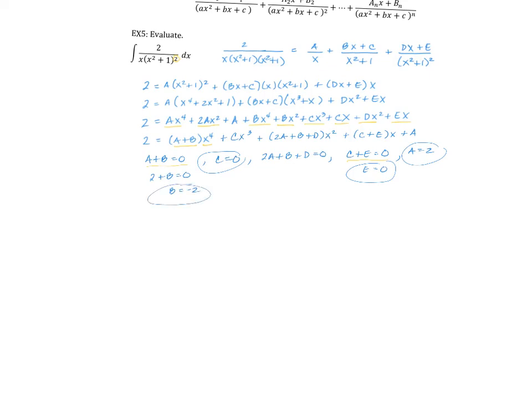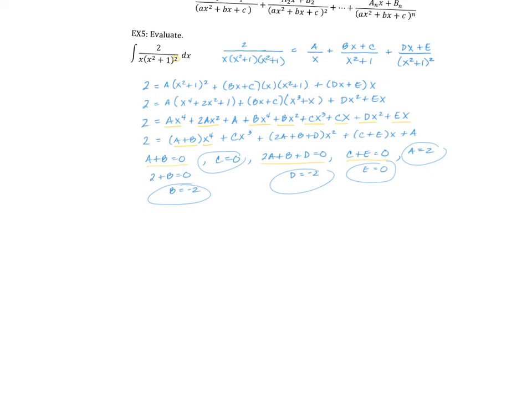So the last thing we need is our D. We have A, B, C, and E. So plugging in all the values into 2A plus B plus D is equal to 0, I'm going to get D is equal to negative 2.